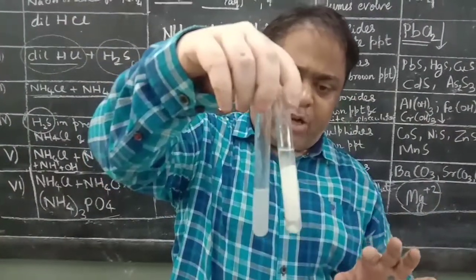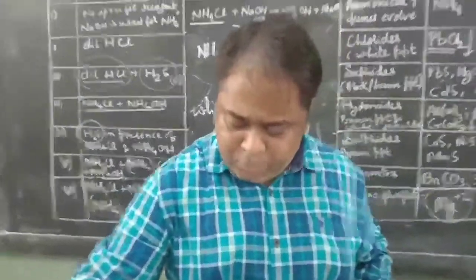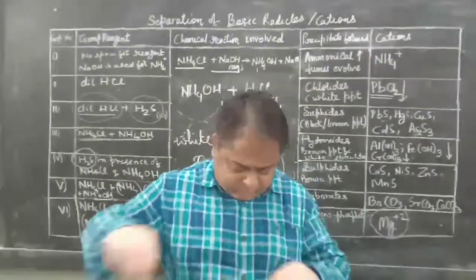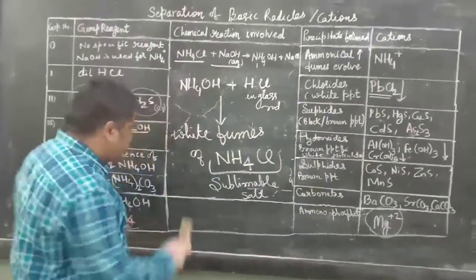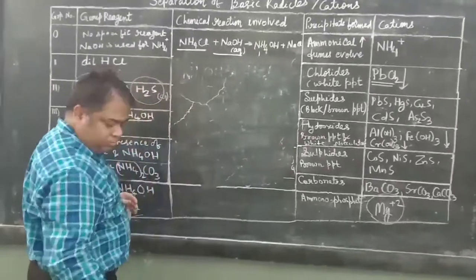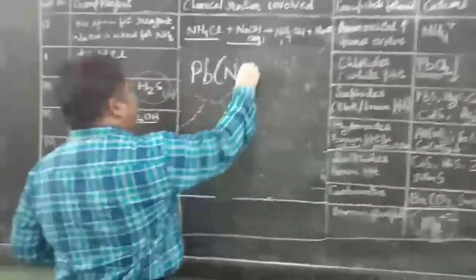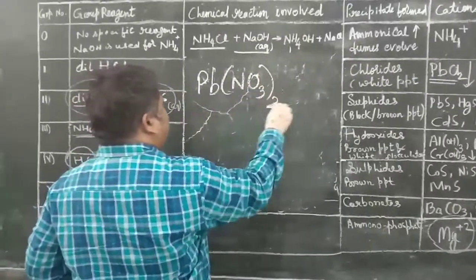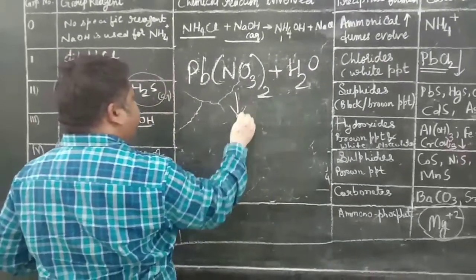You should have experience of finding out what salt looks like what. So what I did just now is I took lead nitrate, diluted it with water, and then treated it with dilute HCl.